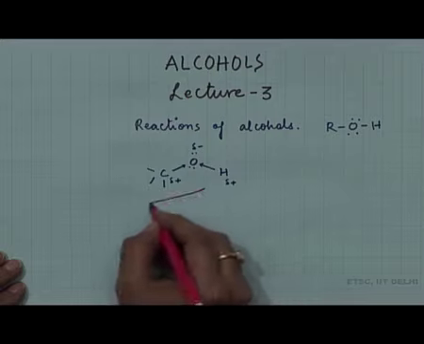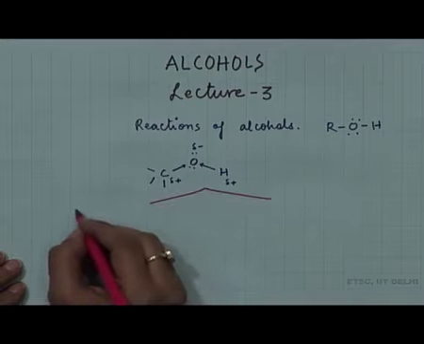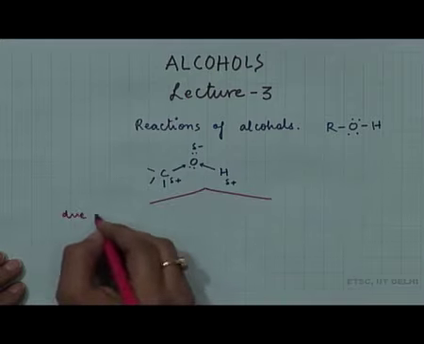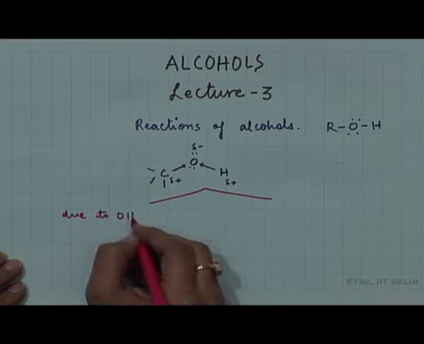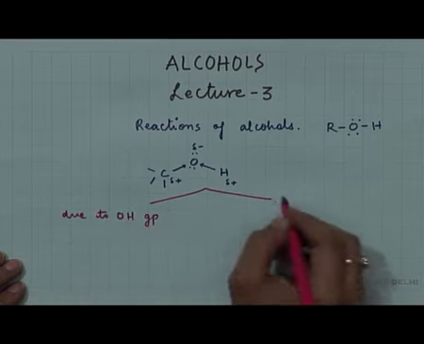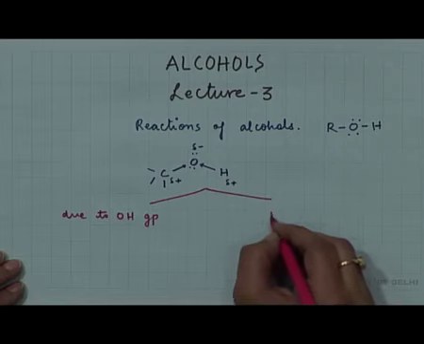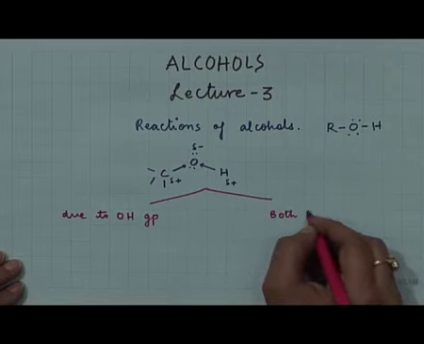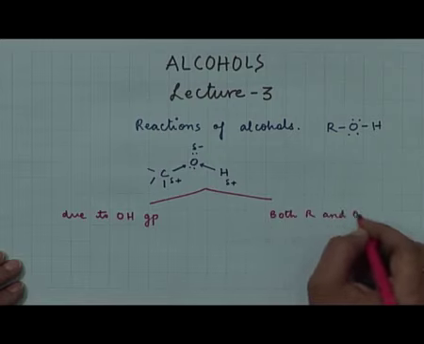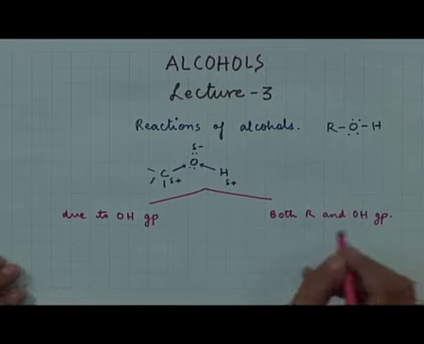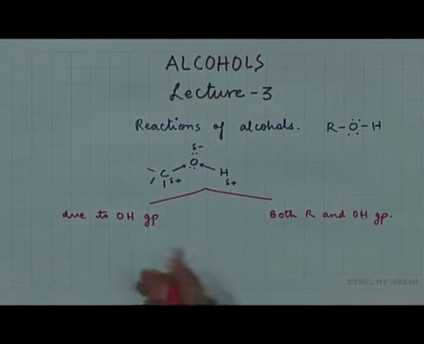So, if we understand the reactivity of this molecule, we can say that broadly the reactions of alcohols can be classified into two parts: one which involves reactions due to the hydroxyl group, and the other in which the entire molecule is covered. That means both the alkyl and the hydroxyl group are involved in giving you the reaction.